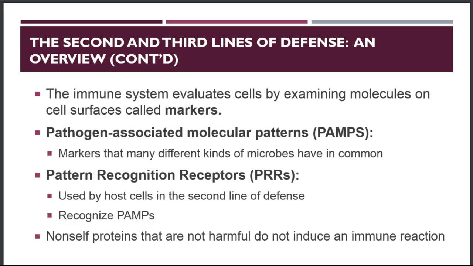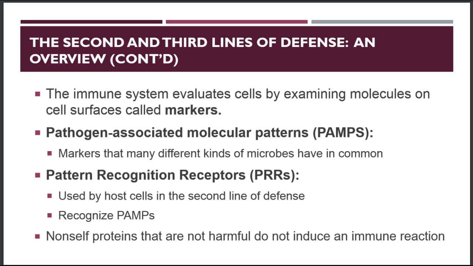And these markers help our immune system to recognize them as not part of our body, as foreign. And these are called PAMPs. They are pathogen-associated molecular patterns, and they are different for each microbial organism, but they are markers that our white blood cells are able to recognize that are carried by microbes and not by our cells.